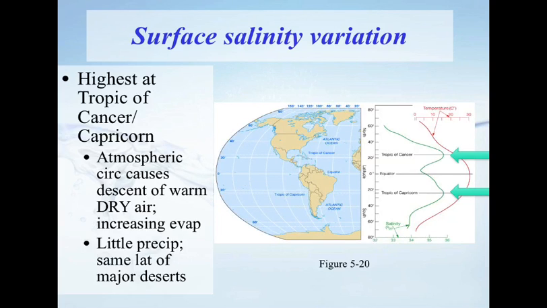For those of you in Miss Ung's environmental class, you probably talked a little bit about rain shadow, which can affect it as well. So we get very little precipitation. But because of its proximity to the equator, especially along the Tropic of Cancer and Tropic of Capricorn, we have massive amounts of evaporation. So the water that's left behind is very salty, as salty as it is on the planet, and you would expect it to be.